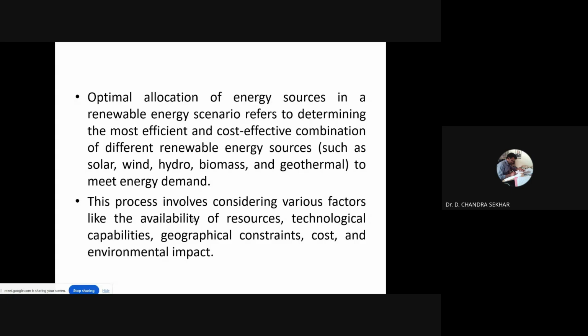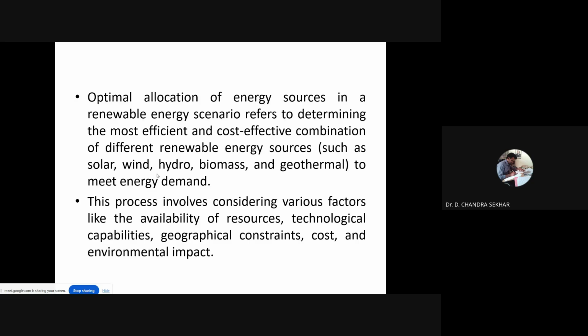So here the main problem is planning and optimal operation of renewable energy sources. Optimal allocation of energy sources in a renewable energy scenario refers to determining the most efficient and cost-effective combination of different renewable energy sources.